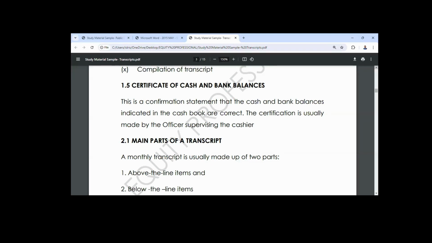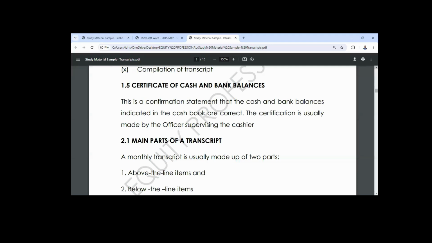When there is error of transposition, what is error of transposition? Like when you interchange a number. That one is still part of double entry, subsidiary transcript.